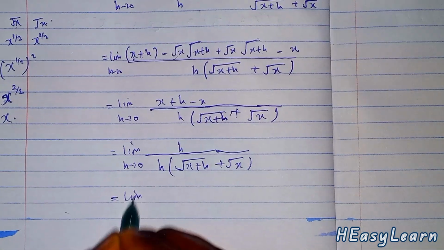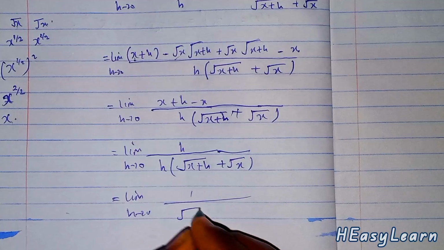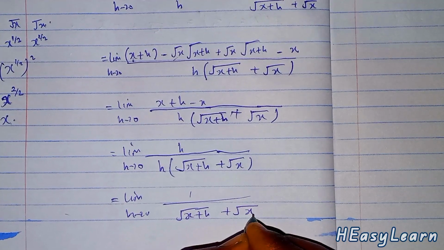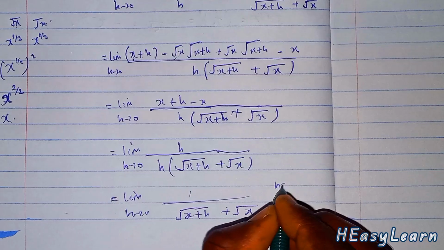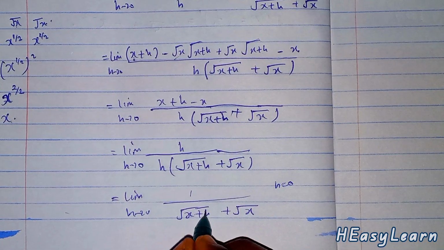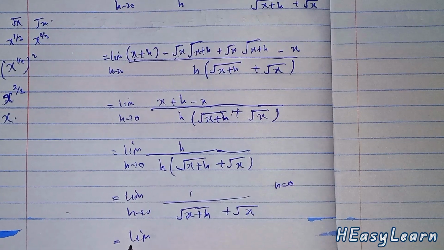So the limit as h approaches 0 of 1 over square root of x plus h plus square root of x. Plug in h equals 0. The denominator will not be 0. So here will be 0 plus x.